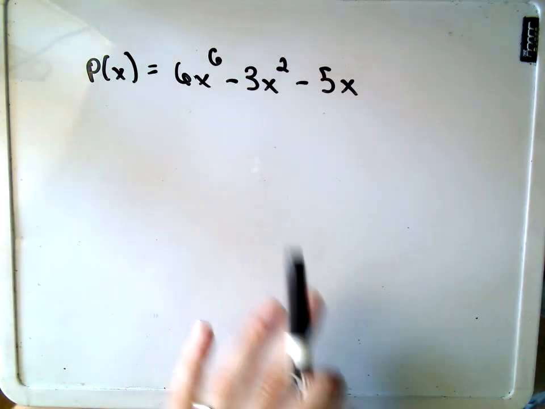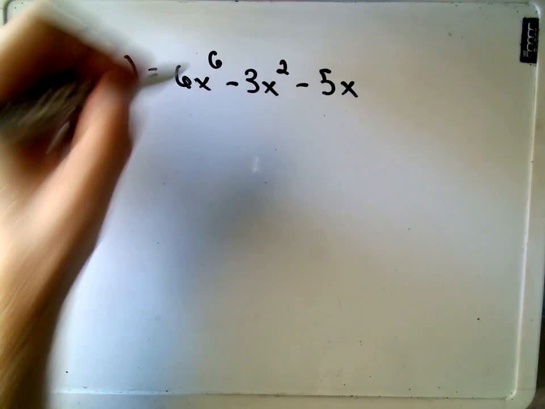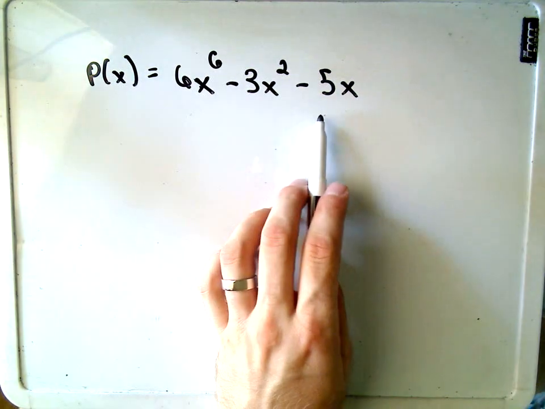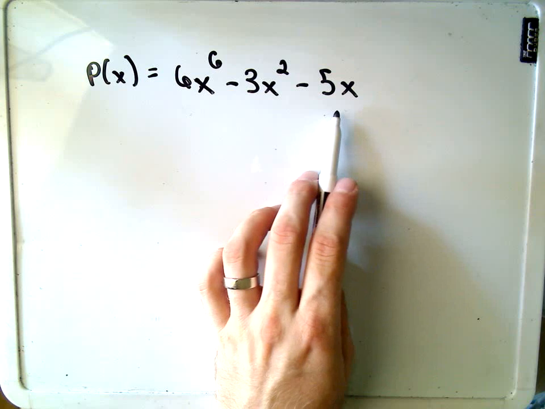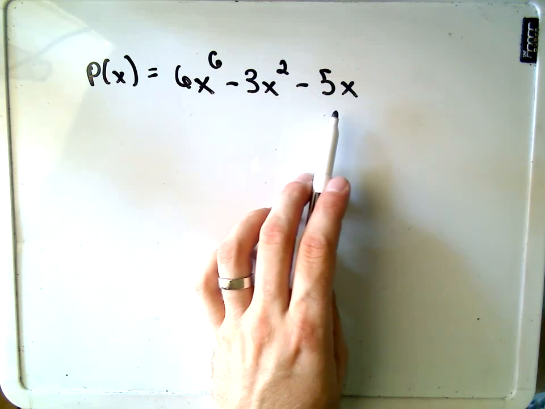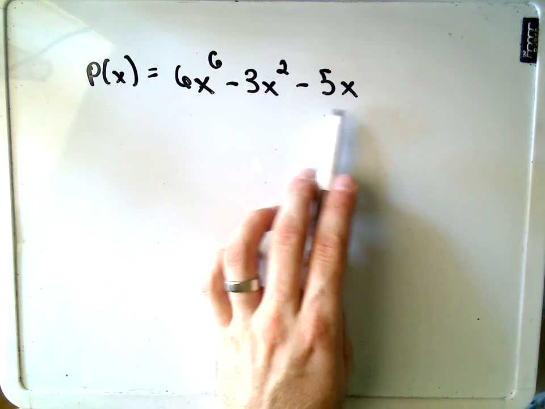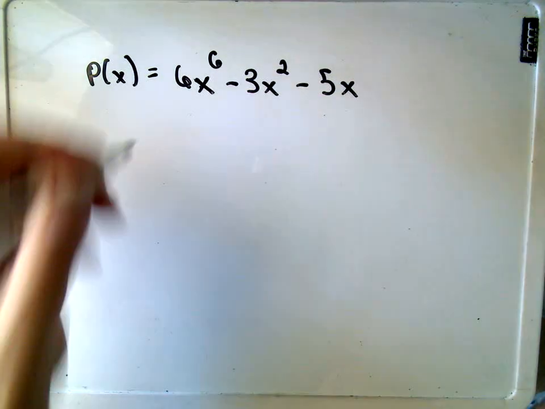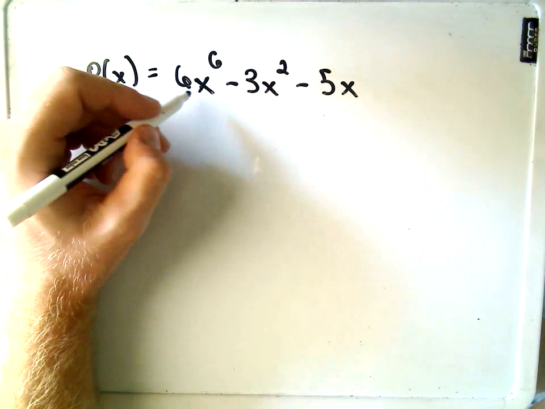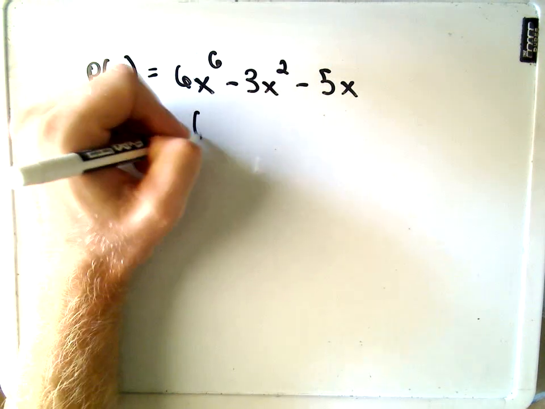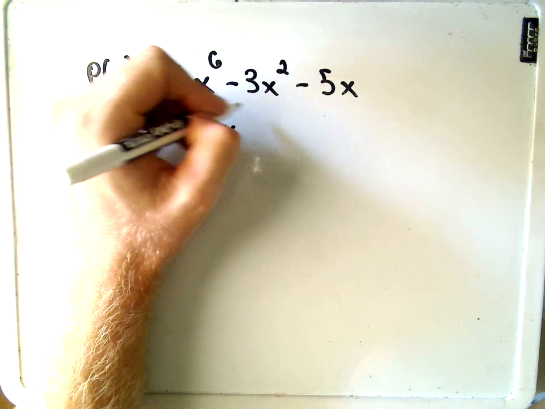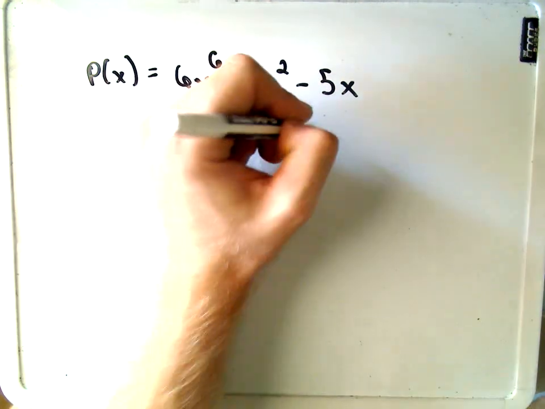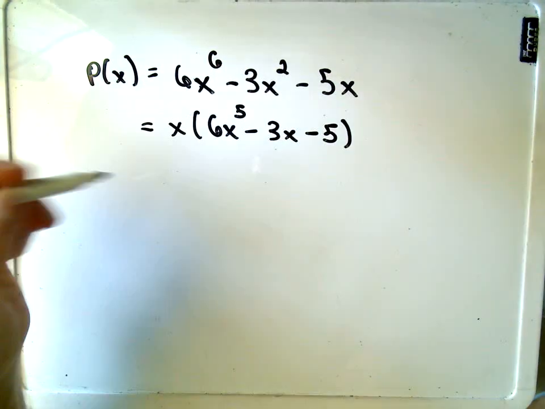But notice this polynomial doesn't fit the form, because before you can use Descartes' rule of signs, you want a non-zero constant term, and we don't have a constant term here. I mean, we could write plus 0, but we need a non-zero one. So to get started, we simply factor out an x. We would then have x times 6x to the 5th minus 3x minus 5.